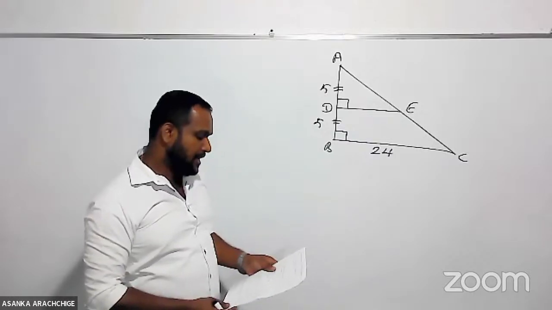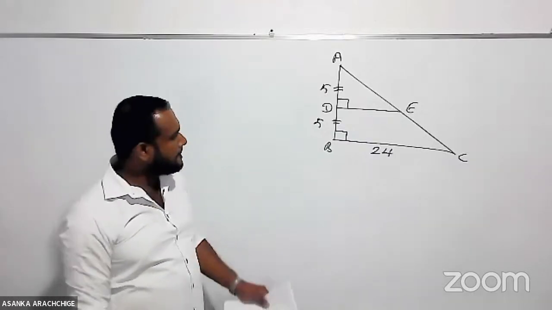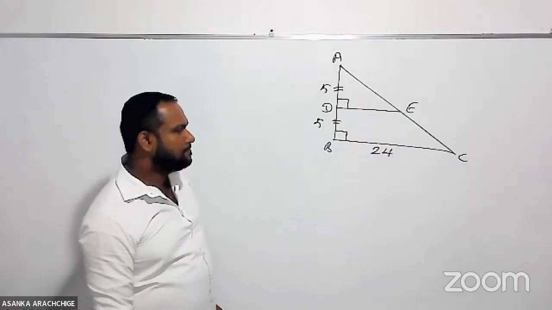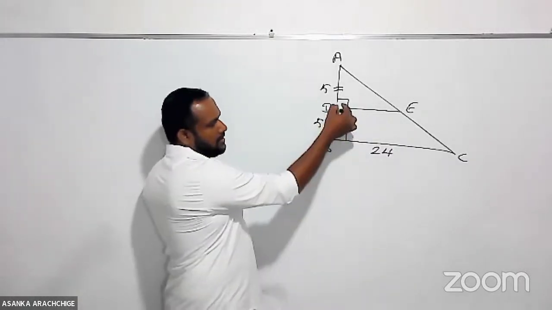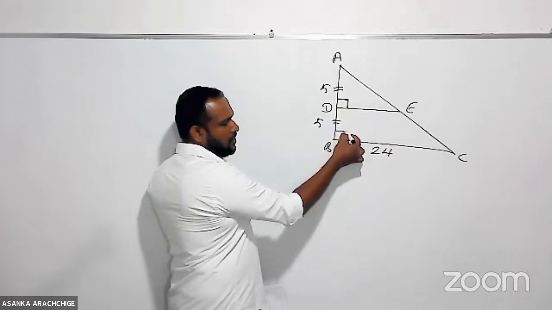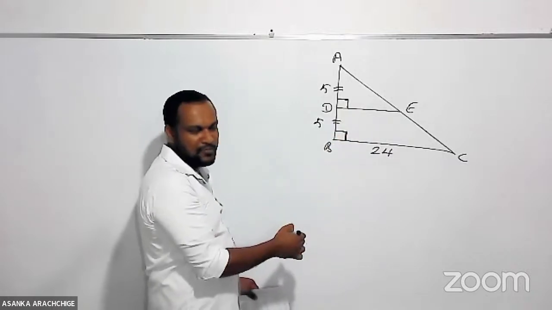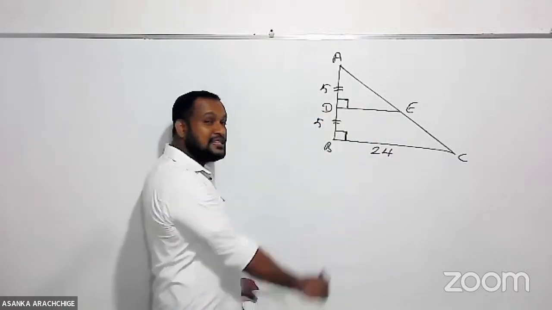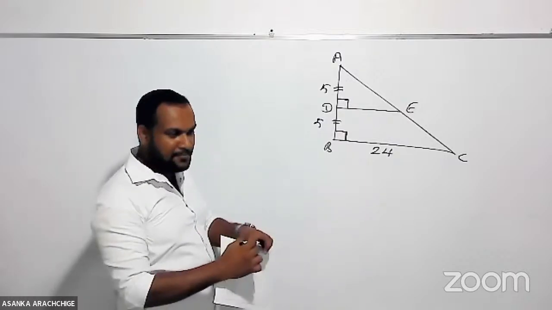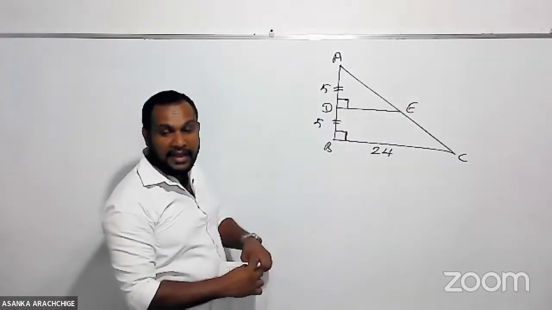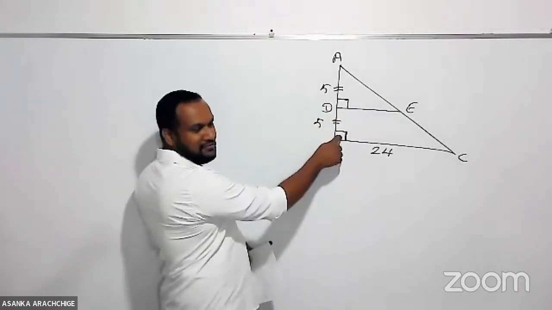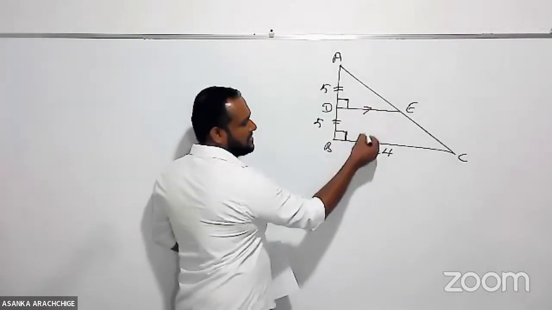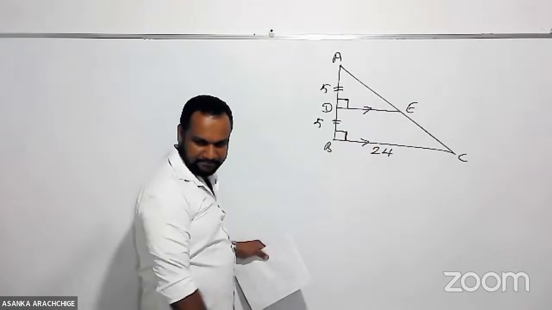Find the length of AE. Look, this is a right angle, so is this. Therefore this angle and this angle are a pair of corresponding angles. They are equal, therefore these two lines must be parallel.